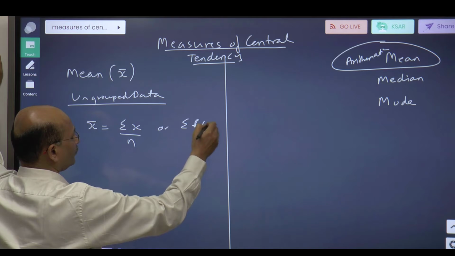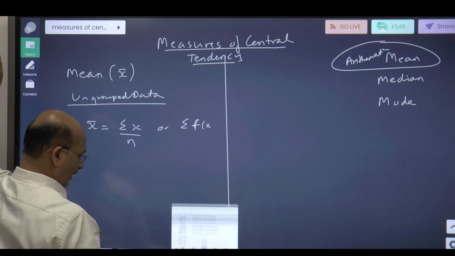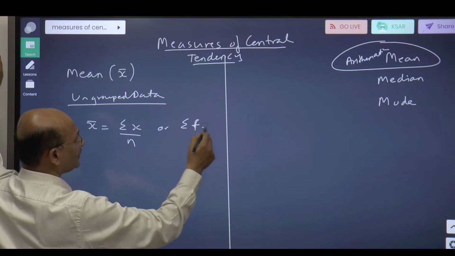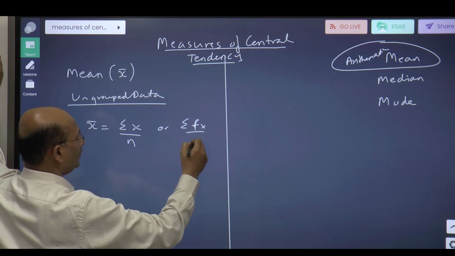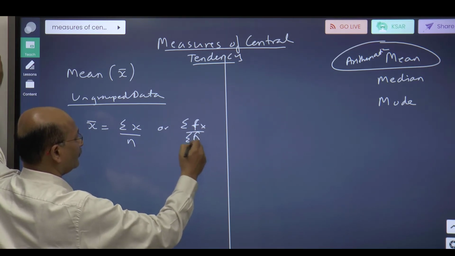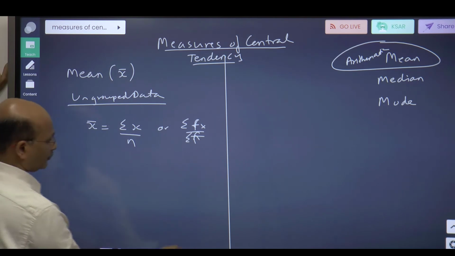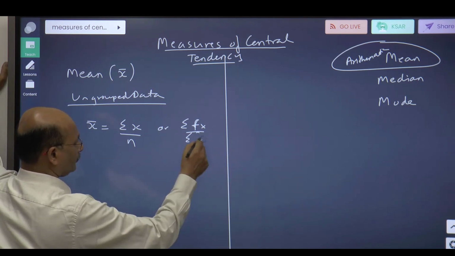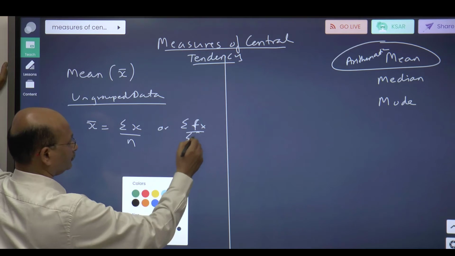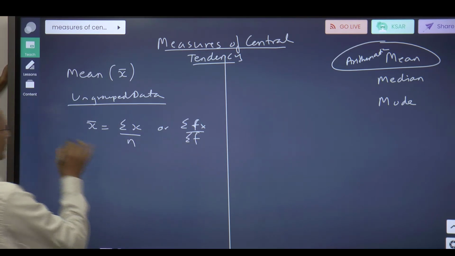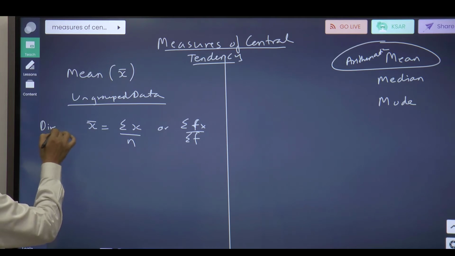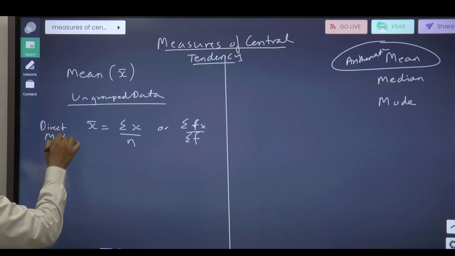F stands for the frequency. This method is called the direct method.